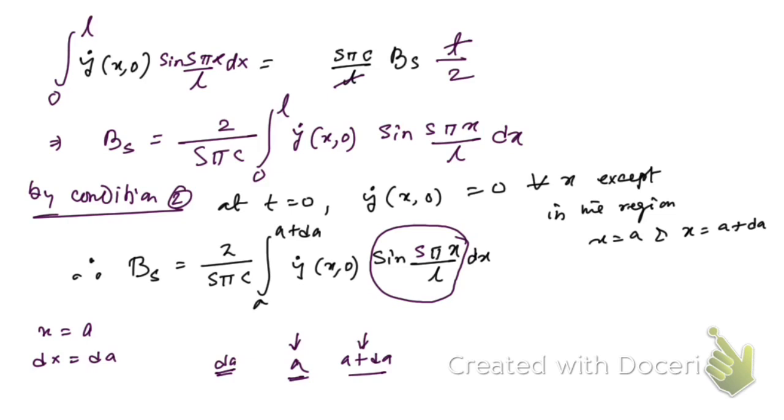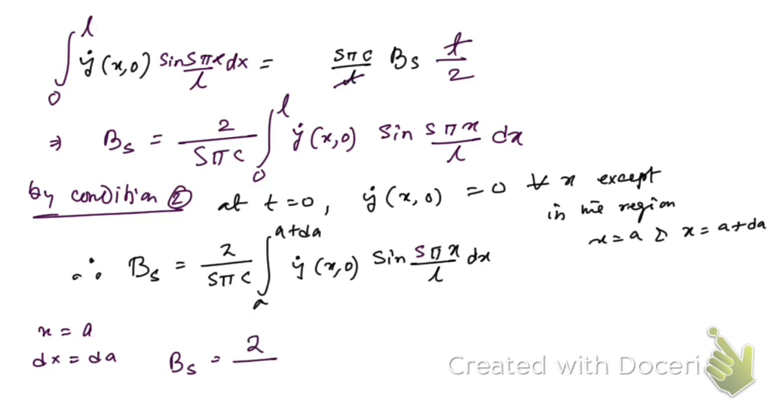Okay, that's why this can be written as bs is equal to 2 by s pi c integration 0 to L y dot x comma 0 dx.